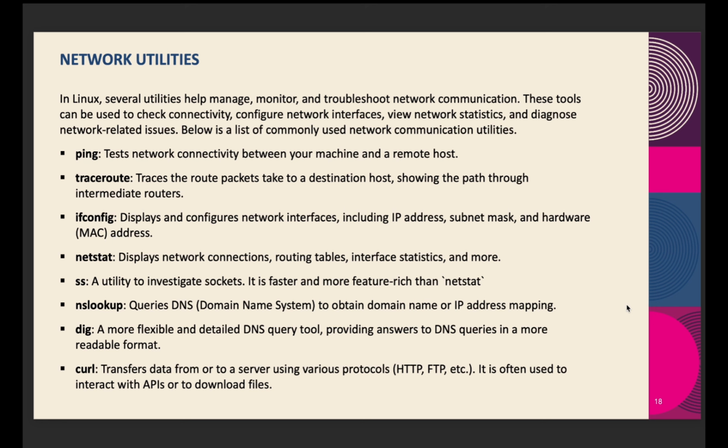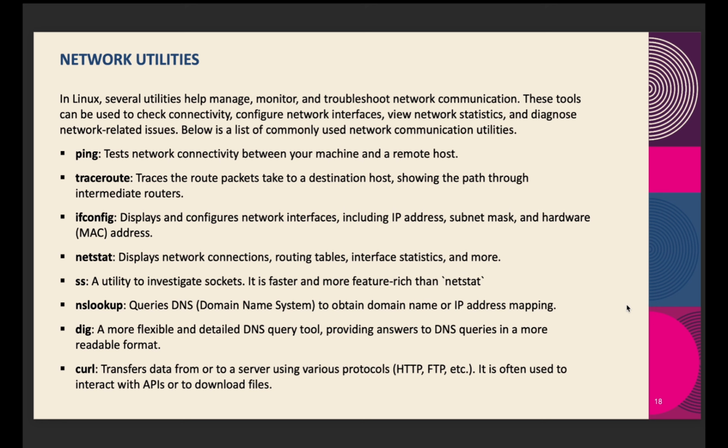It will trace the route packets take to the destination host, showing the path through the intermediate routers. The difference between ping and traceroute is that ping will directly connect to the remote host IP, but in traceroute you can see what intermediate IPs are used to send your packet from host to remote. Ifconfig will display and configure network interfaces including IP addresses, subnet mask, and hardware address.